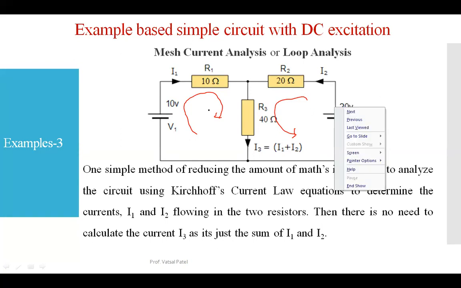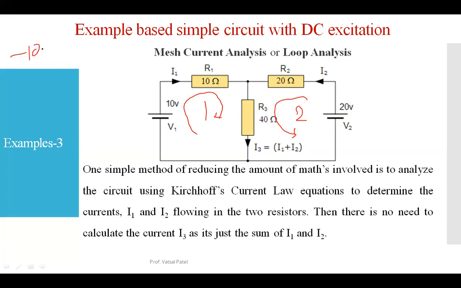So if you say that this is the first loop, which is in the clockwise direction, the second loop will be in the anti-clockwise direction. So if you apply the mesh here, can we write like this: minus 10 plus 10 I1 plus 40 into (I1 plus I2), as the currents add over there.